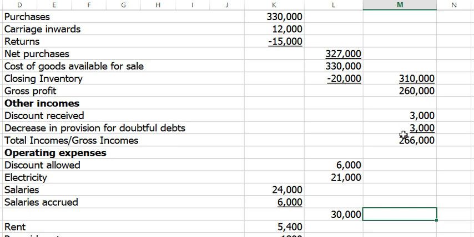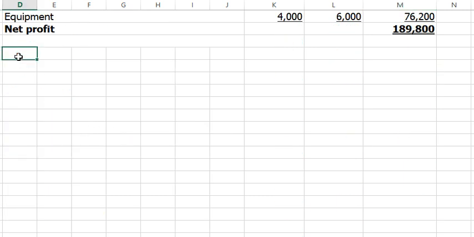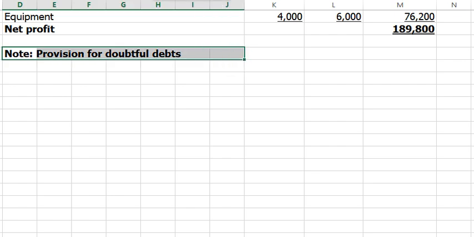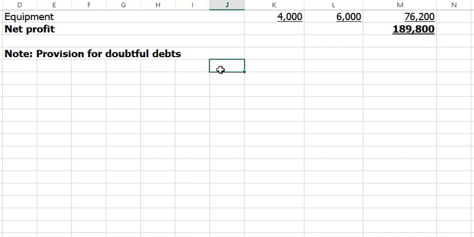For the decrease in provision for doubtful debts, you can just come up with a note down here. This note is about provision for doubtful debts, just in case, because you need to find out if there is a decrease or an increase.